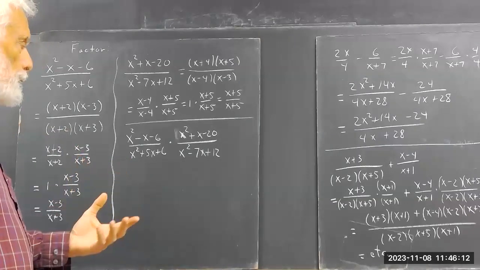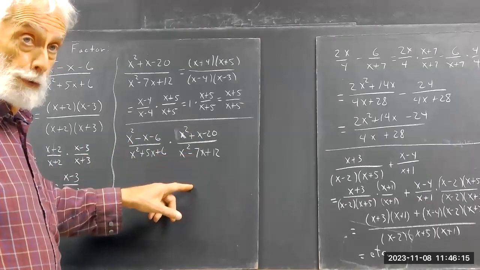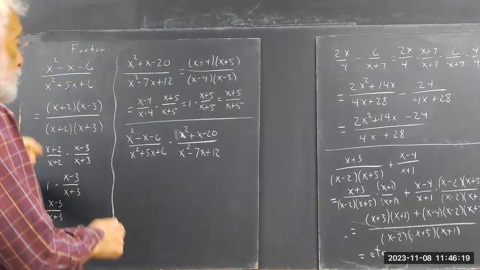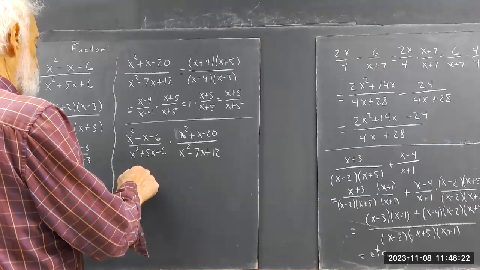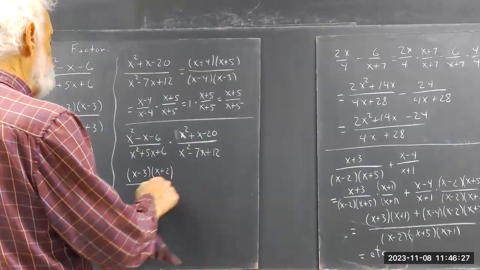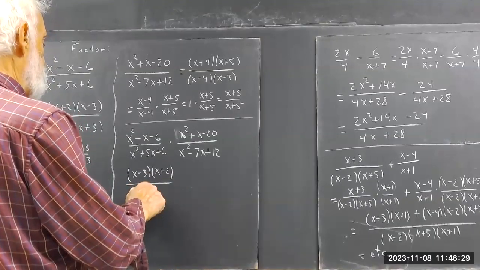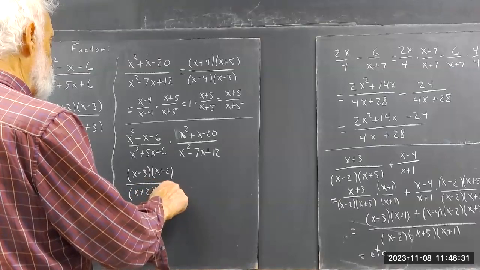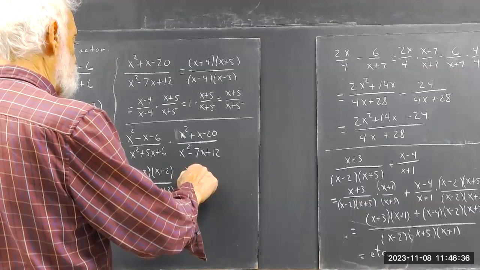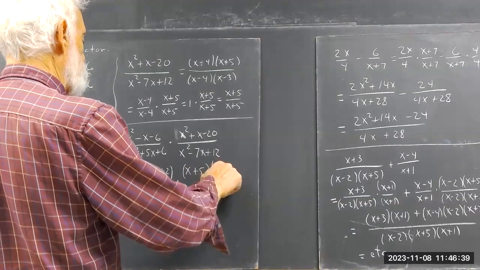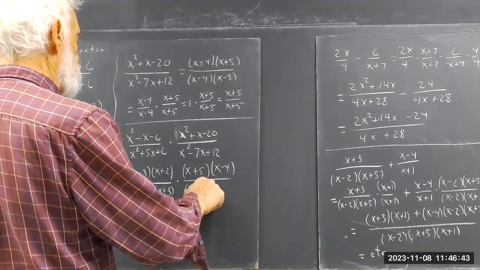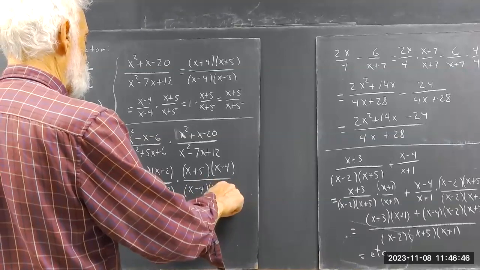To see what you would get, you want to factor everything you can. Now we just factored this one and this one, so we know that this one's going to be x minus 3 times x plus 2, and this one's going to be x plus 2 times x plus 3. And this one's going to be x plus 5 times x minus 4 over x minus 4 times x minus 3.